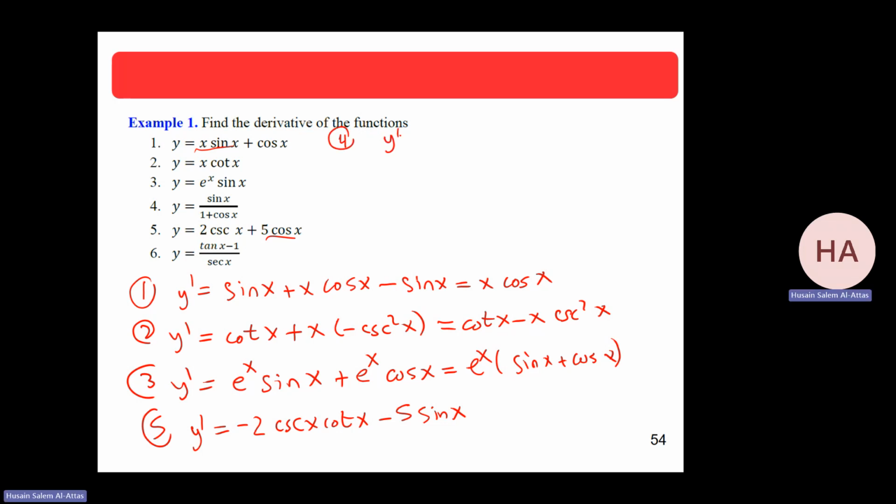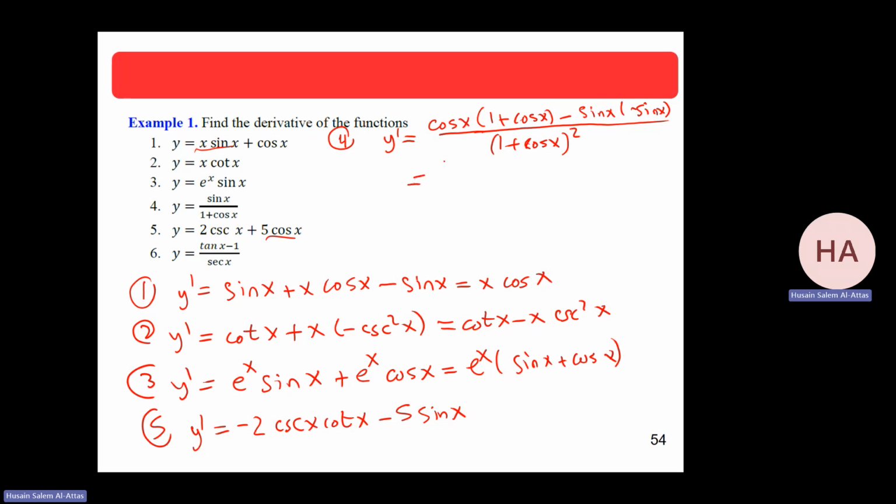Okay, let me do number 4. So I have quotient rule. Derivative of the numerator, cosine x, times the denominator, minus the numerator, sine x, times derivative of the denominator, 1 plus cosine x, which is minus sine x, over 1 plus cosine x all square.